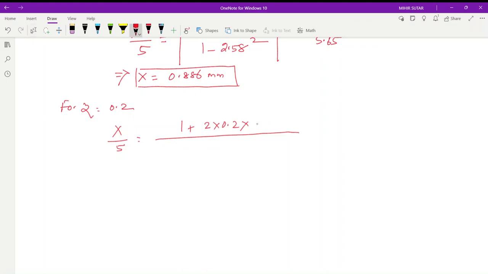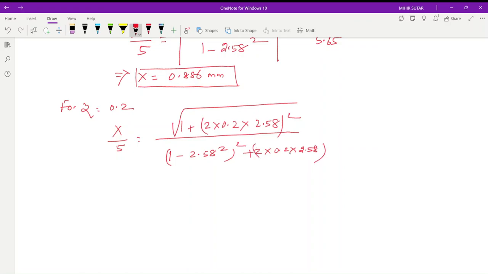Okay, we can substitute directly here as 2.58, square whole root over, divided by 1 minus 2.58 square whole square plus 2 into 0.2 into 2.58 square whole root over.